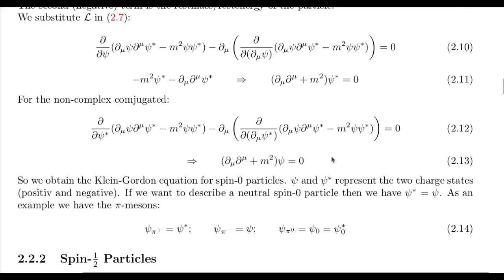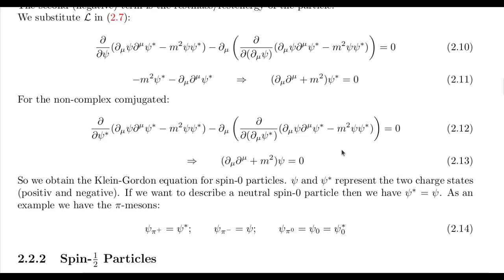And this is the so-called Klein-Gordon equation for spin 0 particles. And the two states psi and psi star represent the two states of a charged particle.